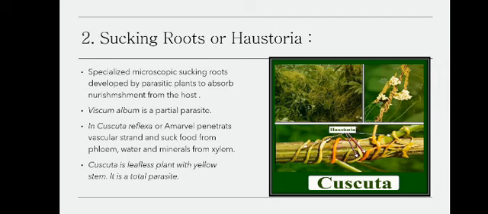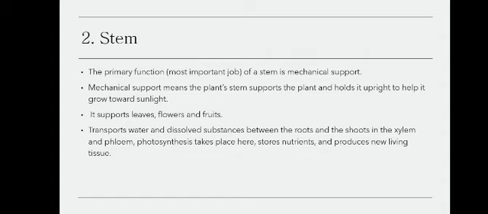In some plants you can observe in your daily life, wiry structures spread on the plant, and that structure is a parasitic plant, which absorbs nutrients from the host and survives. Stem, we can study in the next lecture.